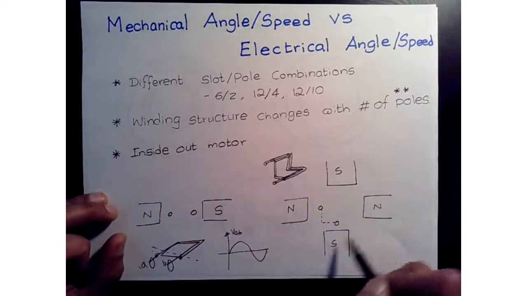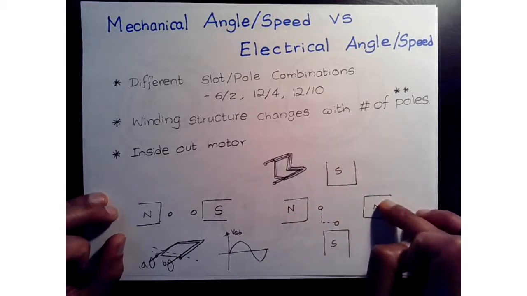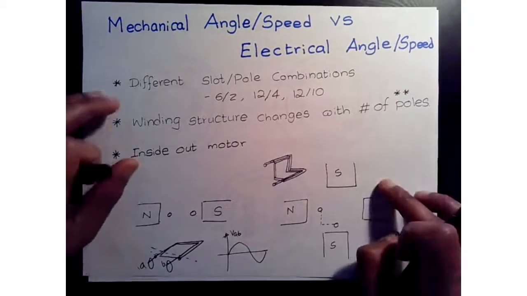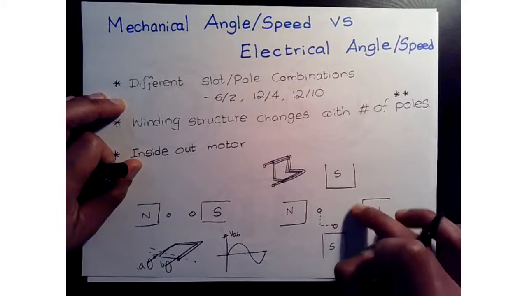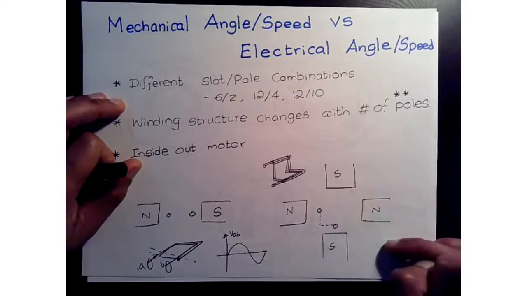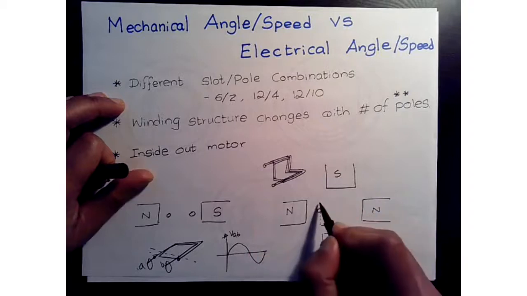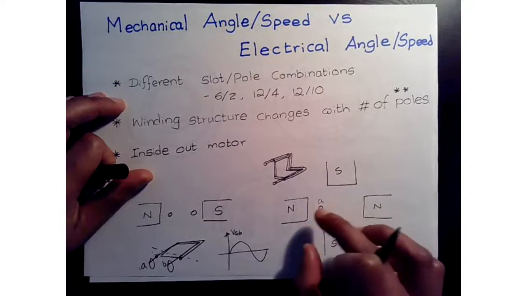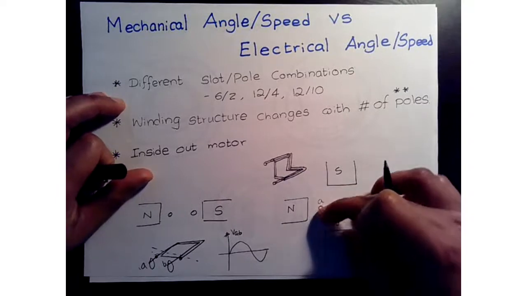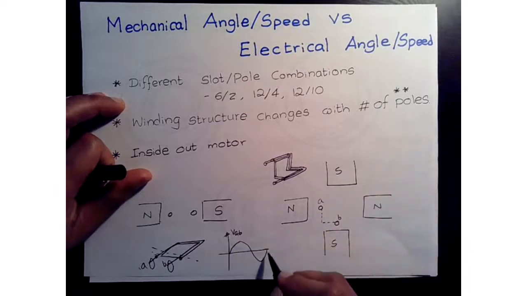Now, however, it's a little bit different when we have these 4 poles or 2 pole pairs, right? We have 1, 2, 3, 4 transitions that we can go through. So when we apply the same waveform, same voltage, let's say this is A, this is B, right? And then what will happen is, you are going to see that this will rotate from here to here, and then again in the second cycle.